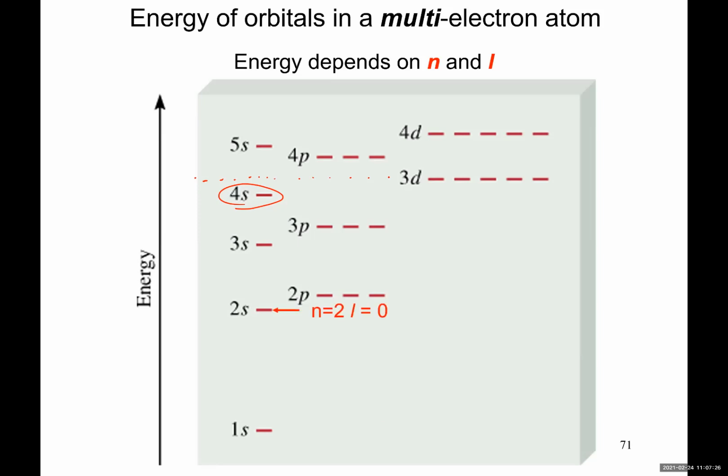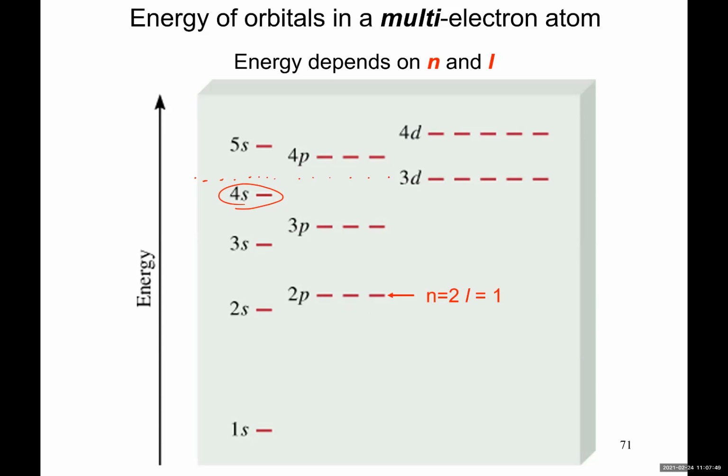So 2s belongs to the second shell. l equal to 0 is showing a spherical electron cloud, but the radius of 2s is larger than the radius of the sphere which belongs to 1s.